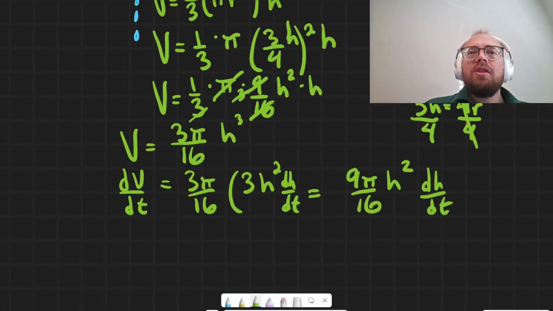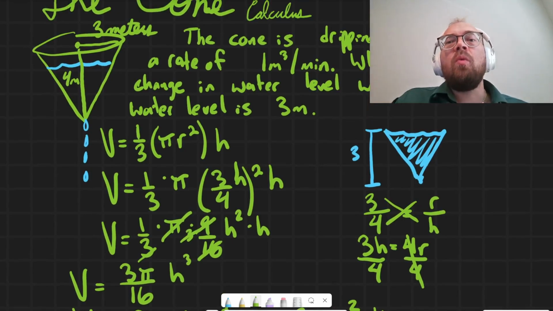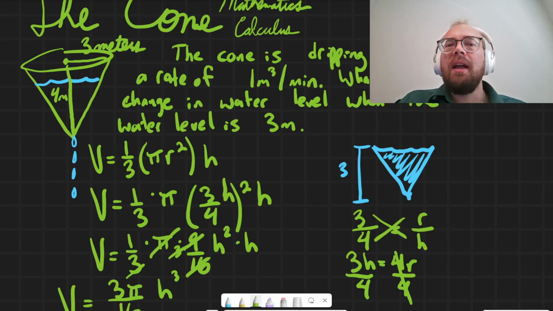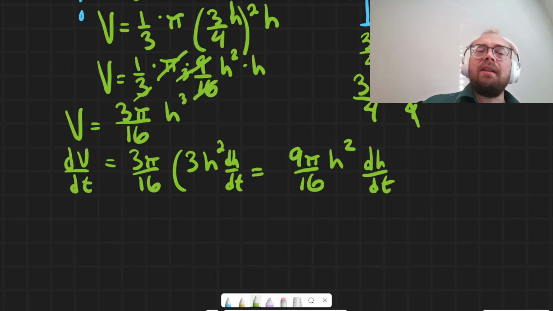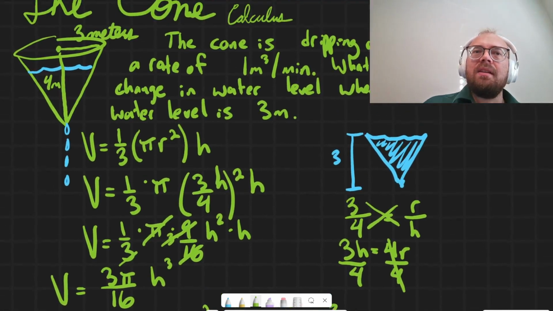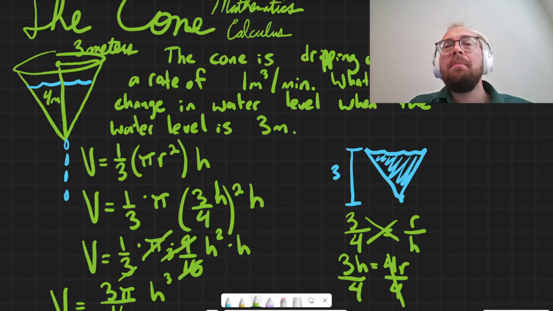Okie dokie. So we said that we want to know what's the change in water level when the water level is 3 meters. So the water level is 3 meters. We know dV/dt as well, right? dV/dt is 1. So the cone is dripping water at a rate of 1 meter cubed per minute.